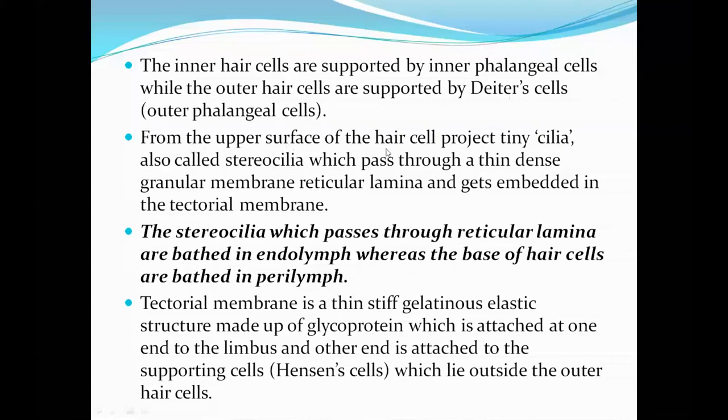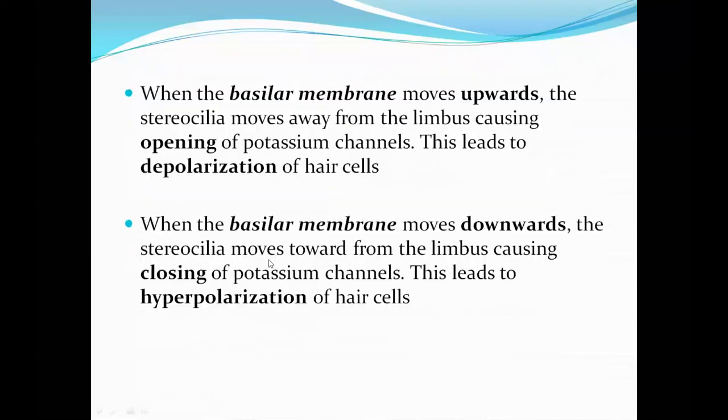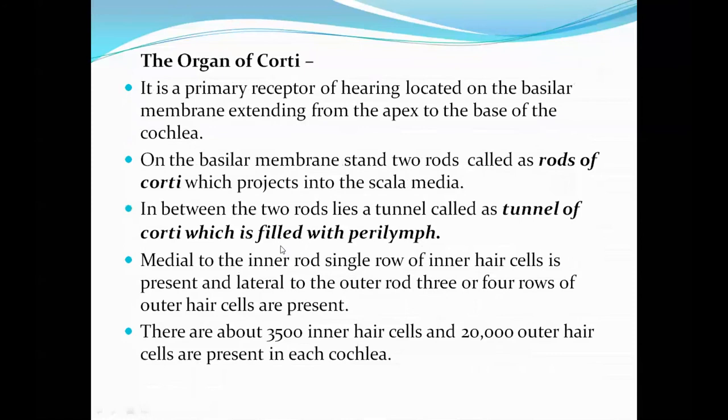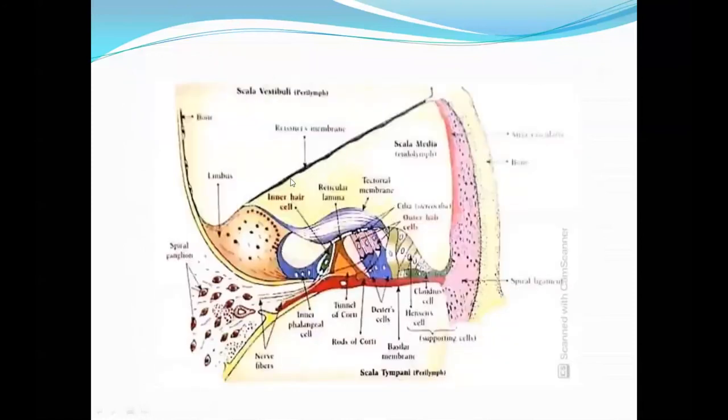From the upper surface of the hair cell, they project tiny cilia called stereocilia, which pass through the thin, dense granular membrane called the reticular lamina and get embedded into the tectorial membrane. Here we can see in the diagram, this is the reticular lamina.